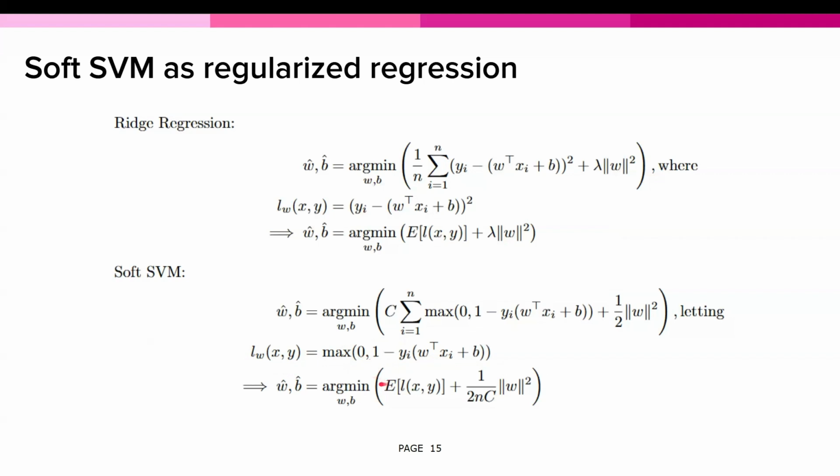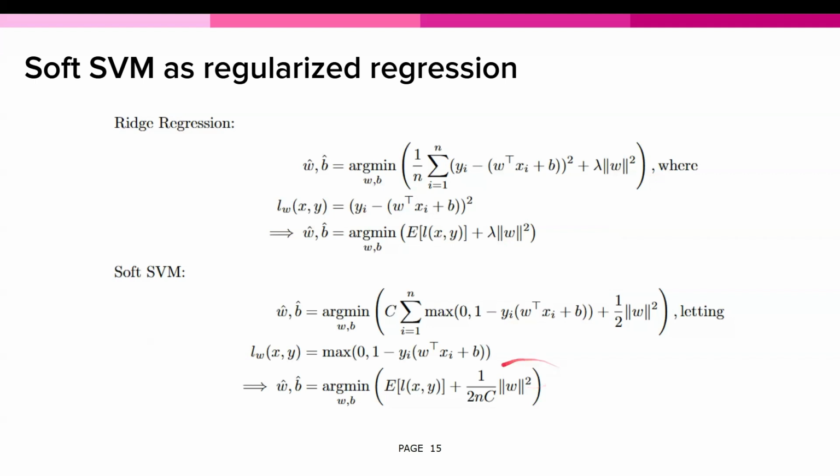Specifically, we can divide this whole part through by C and the number of samples n to obtain a regularization term inversely proportional to n and C. We're allowed to do this because dividing the objective by these scalars doesn't change the position of the minimum or the optimum. So the solution we would find remains unaffected.